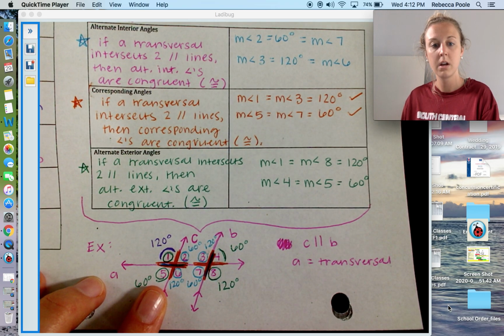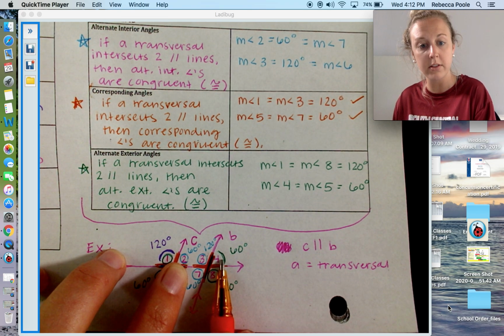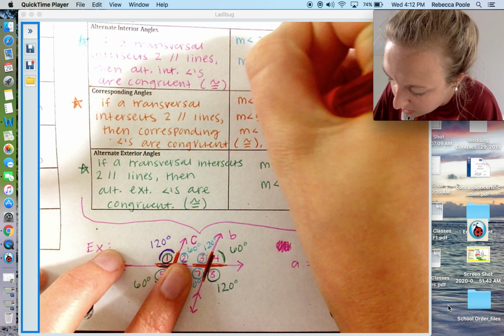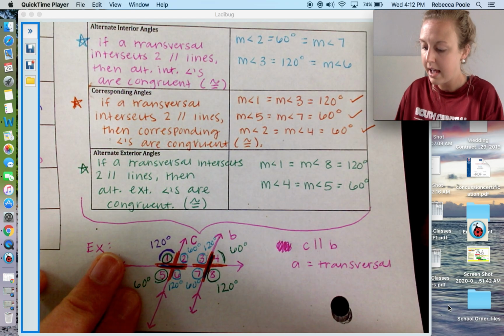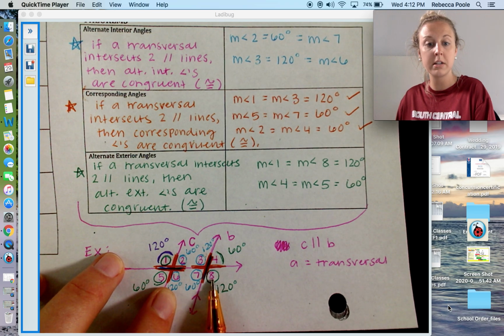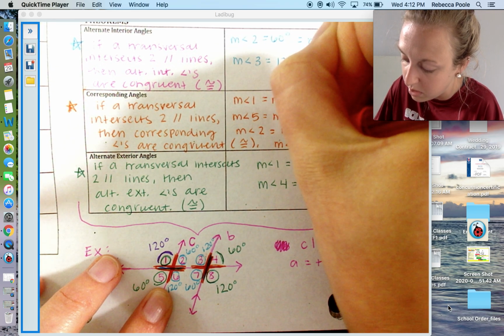All right, let's check top right. 60, 60, 2 and 4, that looks good for both intersections. So measure of angle 2 equals measure of angle 4, which equals 60. And last but not least, bottom right, 6 is 120 degrees and angle 8 is 120 degrees. So that also looks great.